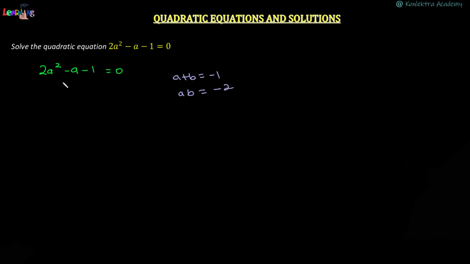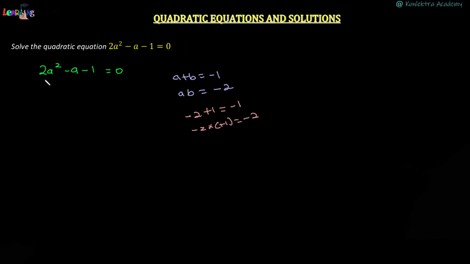Now listen, in a quadratic trinomial, x is not the only variable. They can use any letter for variable. Looking at this, what will be the two numbers? The two numbers will be minus 2 plus 1. Minus 2 plus 1 will give us minus 1. Minus 2 times plus 1 gives us minus 2.